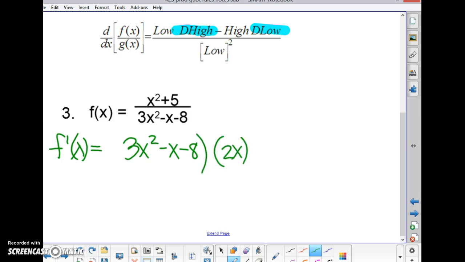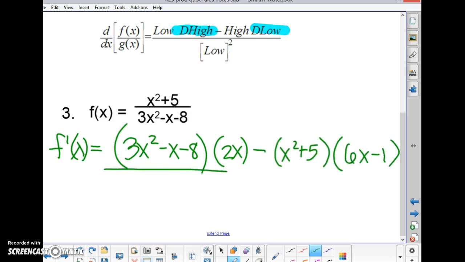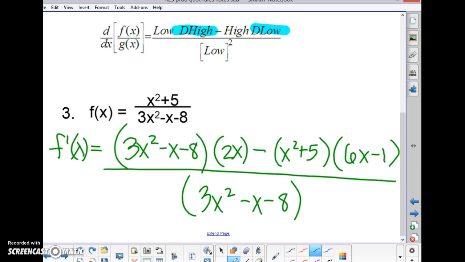Be careful about throwing in parentheses as you need. So low d high minus high d low over low squared. And in the next steps, I'll go through and look at how this can be simplified.